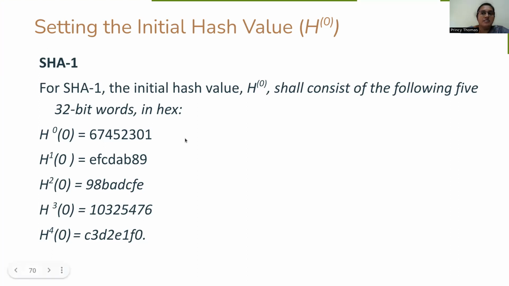Then the second 32-bit word is EFCDAB89. And you can see over here that, just like earlier, these two values from the back are these two. Then 98BADCFE is the H2 initial value, and 10325476 is the third hex value, and then the fourth hex value is C3D2E1F0.